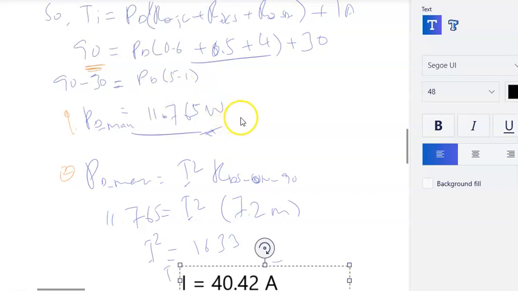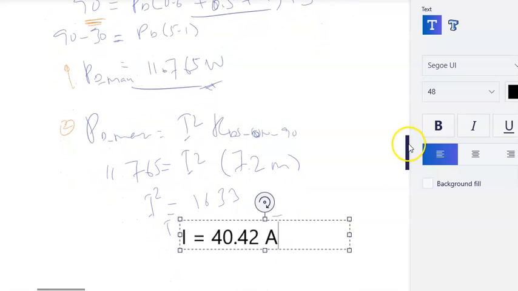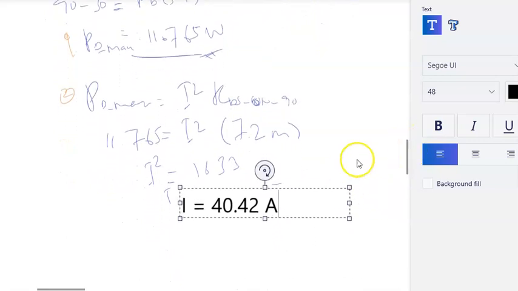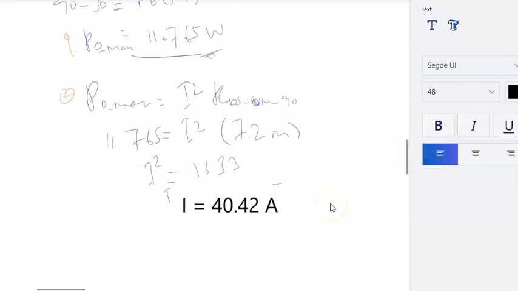Okay guys, sorry, my device just ran out of battery. So the final answer is that you shall get 40.42 ampere as your I max. But if you use another value, the typical maximum RDS on, you will get 36.15. That one is also correct, but I just discussed one parameter.